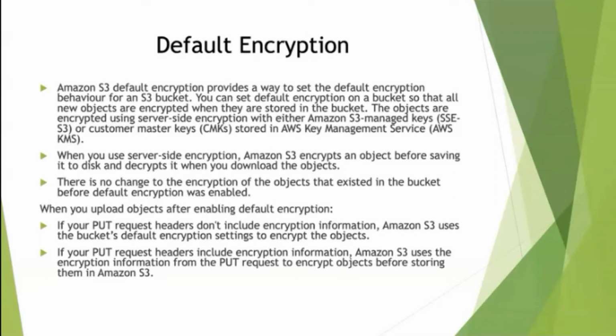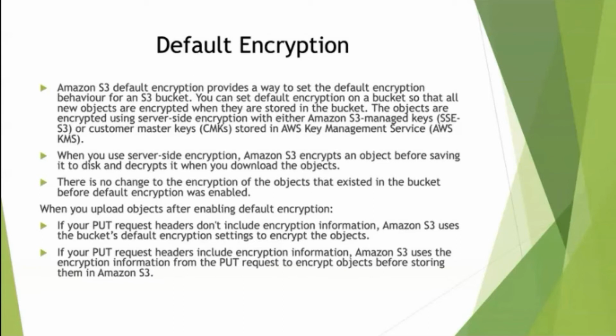When you upload objects after enabling default encryption, if your put request does not include any encryption information, S3 uses the bucket's default encryption settings to encrypt your objects. But if your put request includes encryption information, S3 uses the encryption information from your put request to encrypt the object before storing it in S3.